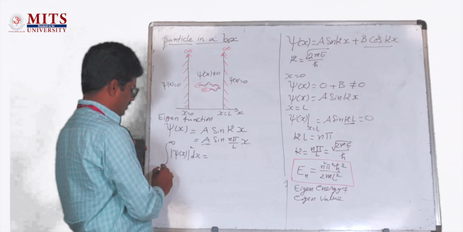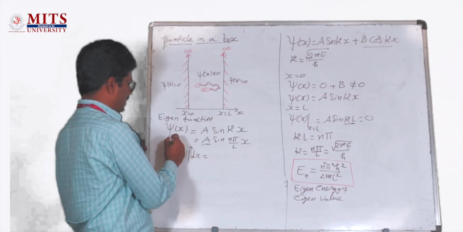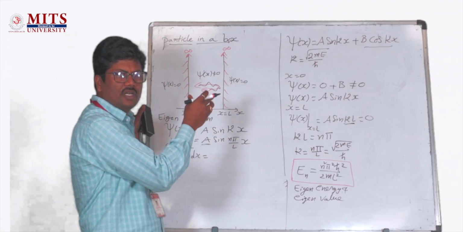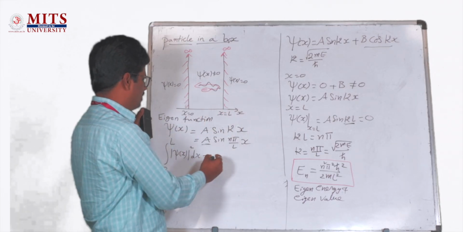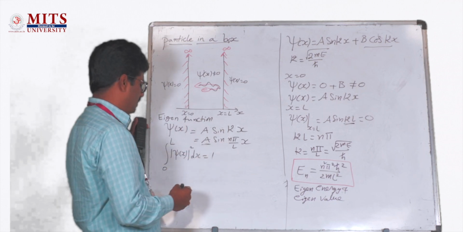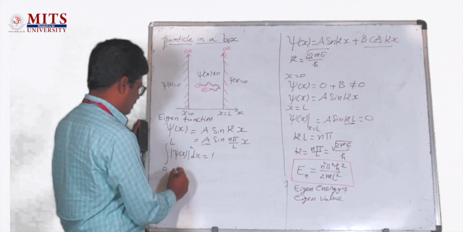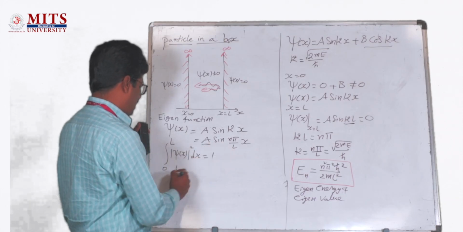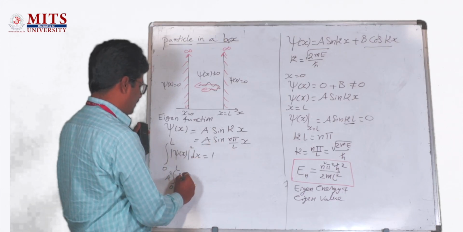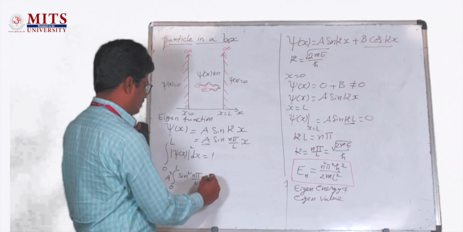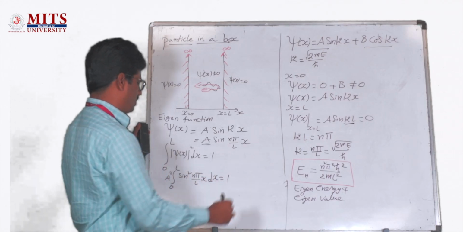It will be 0 and the upper limit will be L. If you search the particle between these two limits, definitely it has to be there. That means it should be equal to 1 because the particle is there in the box. So what is the integration from 0 to L of the complex conjugate product, A into A square? A is a constant, so A square sine square n pi by L into x dx should be equal to 1.